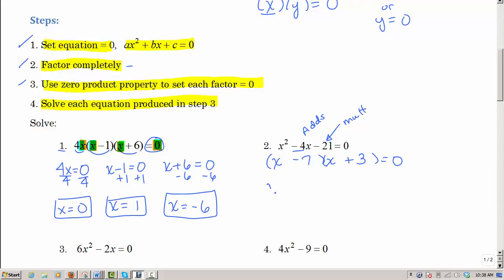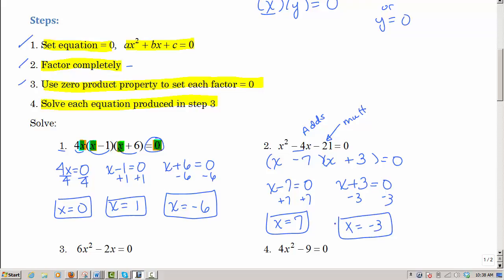Then we set each factor equal to 0, and solve. So I'm going to add 7 and I'm going to subtract 3. So I have two answers for number 2, -3 and +7.